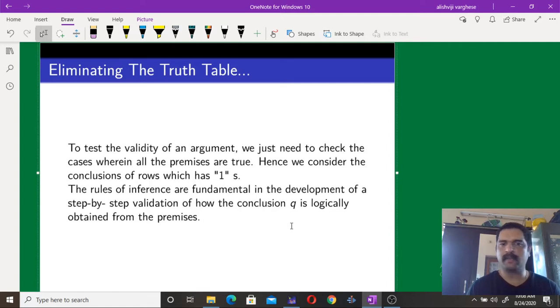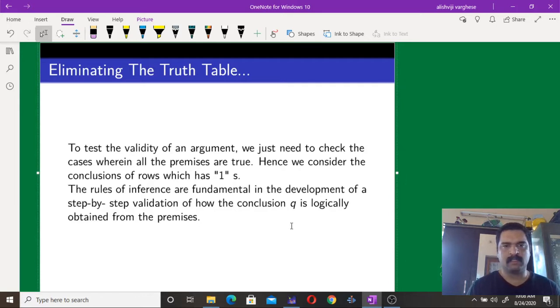To test the validity of an argument, we just need to check the cases wherein all the premises are true, and hence we consider the conclusions of rows for which all premises are true. The truth of inference and implication are fundamental in the development of step-by-step validation of how the conclusion Q is logically obtained from the premises.